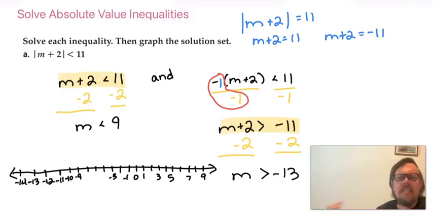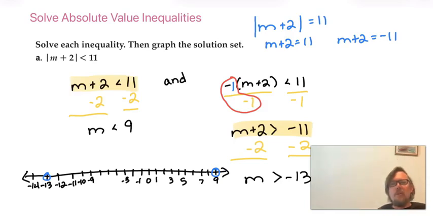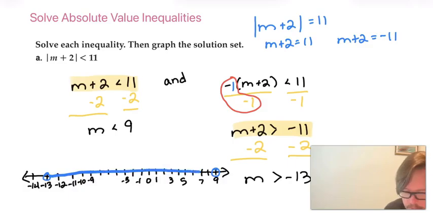So because these are both less than, greater than, and do not have the equal to lines on them, that means I'm going to have open circles. So open circle on -13, open circle on 9, and I want to include all of the numbers less than 9 and greater than -13. So all of the things, let's do a thick line here, all of the things in between these two.